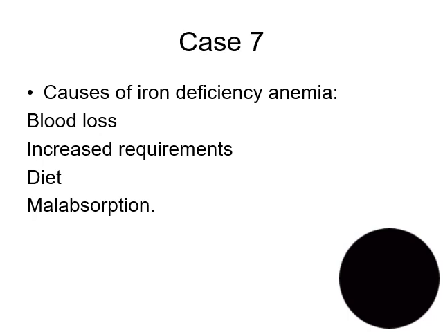So it's either blood loss or increased requirement or dietary or malabsorption causes, and your job as a physician is to try to identify the cause behind this, because it can be an underlying uncovered bleeding disorder, for example. It can be an underlying undiagnosed cancer, and something that you need to diagnose and act based on as soon as possible.